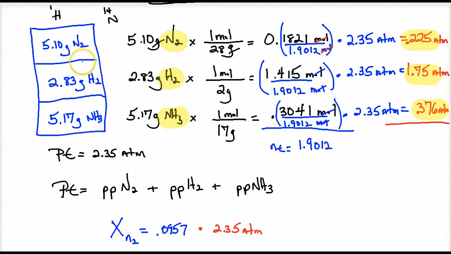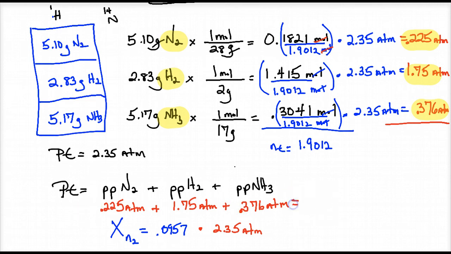So for N2 it's 0.225 ATM. Partial pressure of hydrogen, 1.75 ATM. And the partial pressure of ammonia, 0.376 ATM.